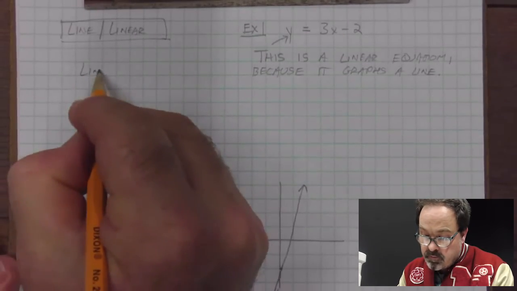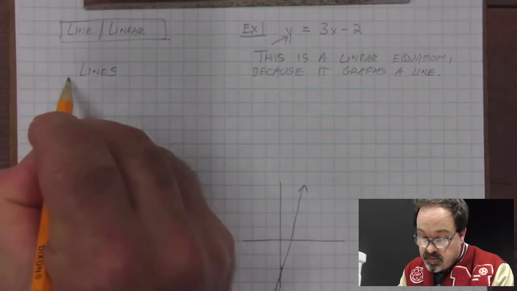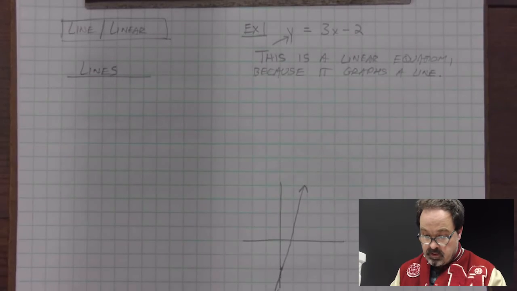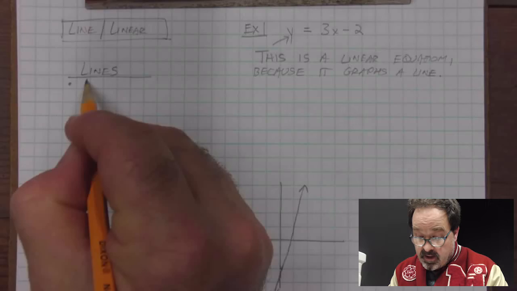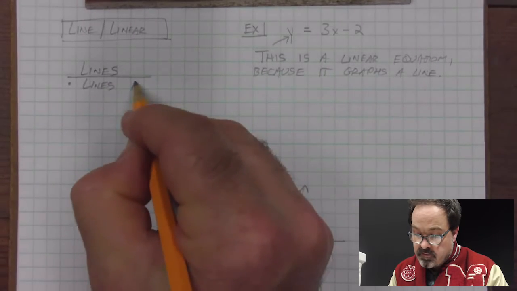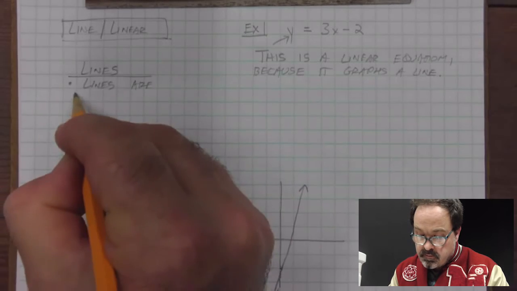We're going to talk about lines in general, properties that all lines have. One thing in mathematics that is true about all lines is that lines are perfectly straight.